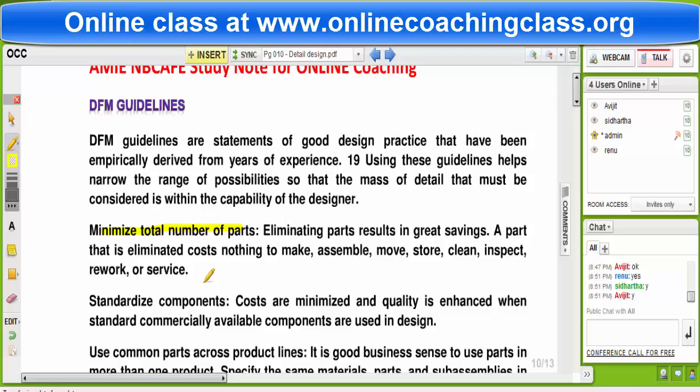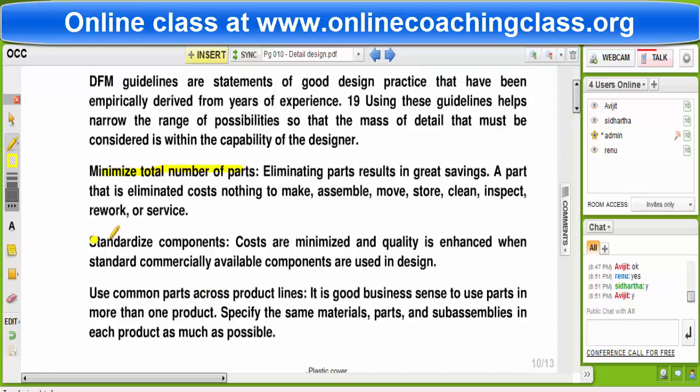So an extra element gives you a headache of assembling it, moving it, storing it, cleaning it, everything. That is why your aim should be eliminating parts which are not needed. How much you eliminate the parts is your credit as a designer.